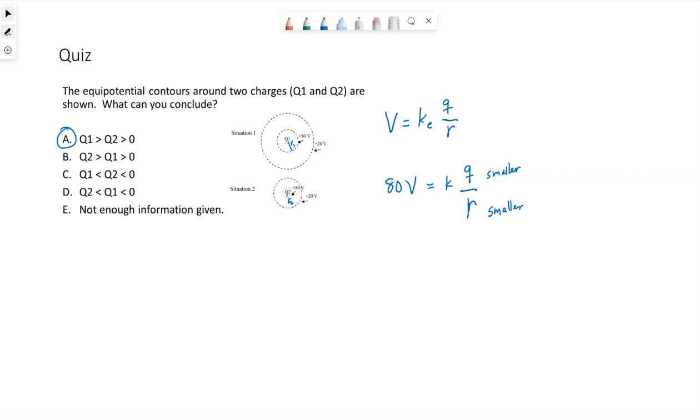And similar to the 20 volts, the smaller distance to that contour or surface means a smaller charge is creating that. The equipotential surfaces would be spherical around a point charge. This is just showing us a kind of a cross section.